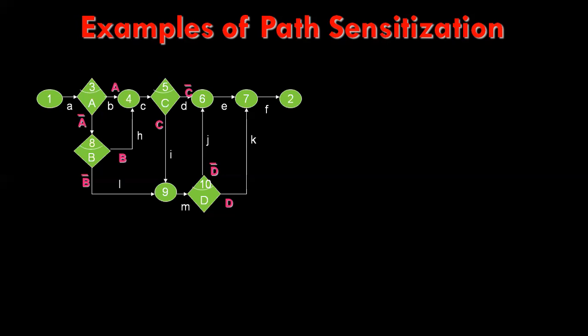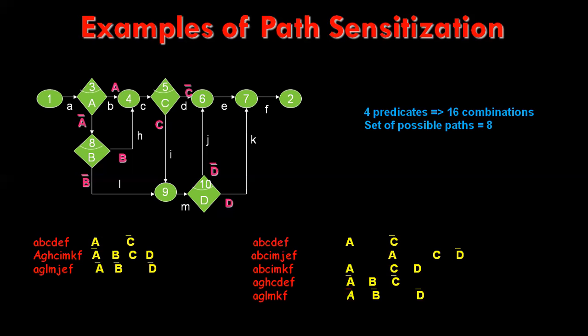From this figure we can retrieve the entire covering path and the predicate values, which can be presented like this. Here we have paths and predicate values. We have 4 predicates and 16 combinations, and the set of all possible paths we can achieve here is 8.